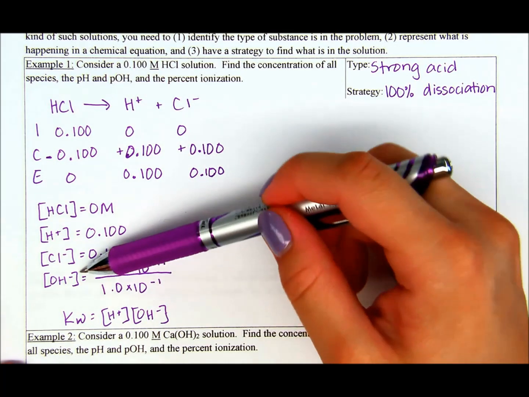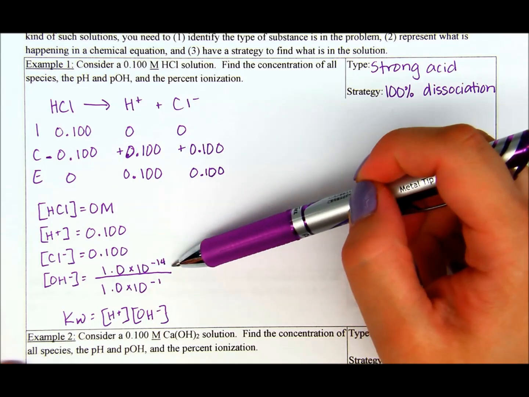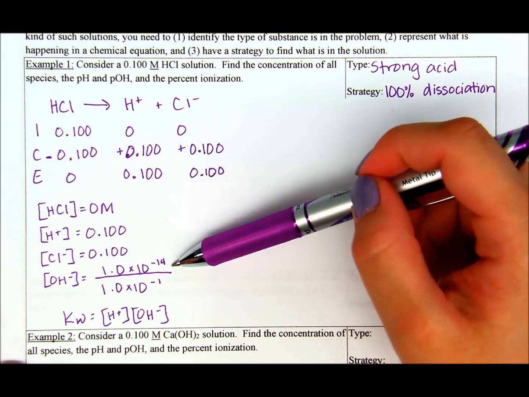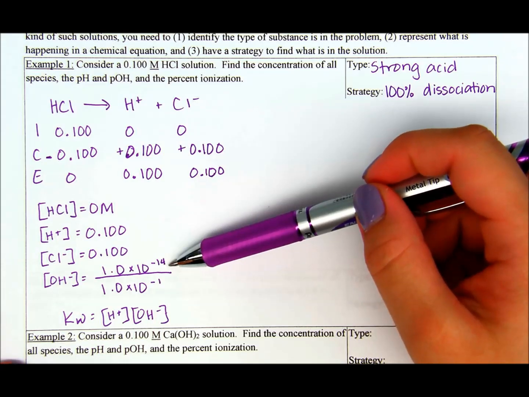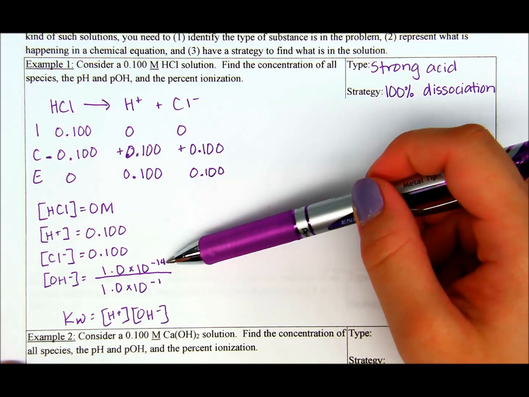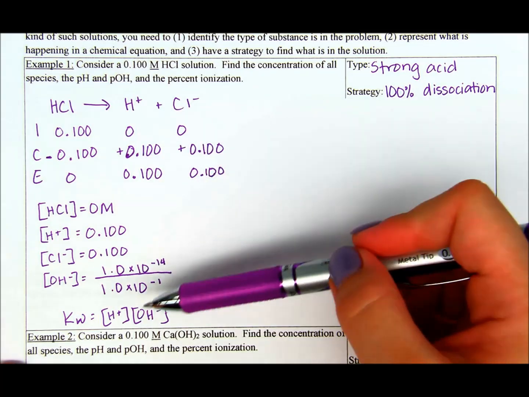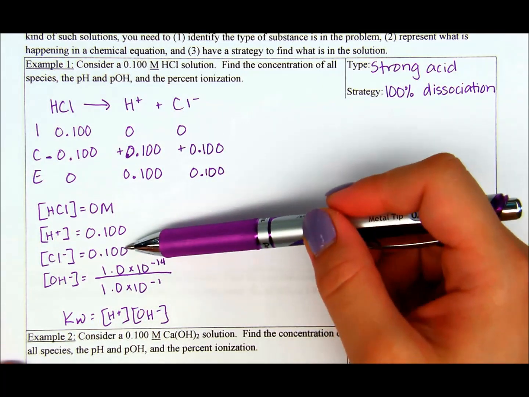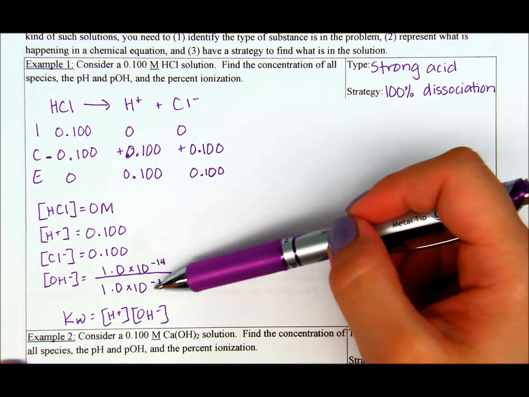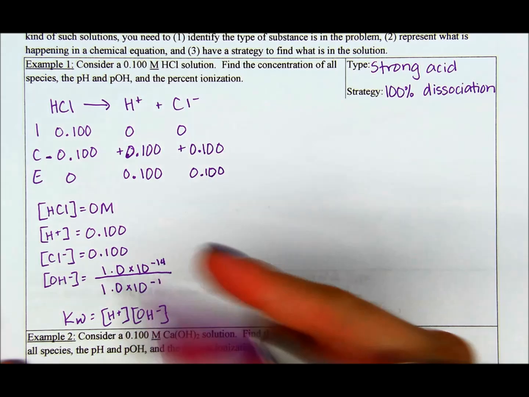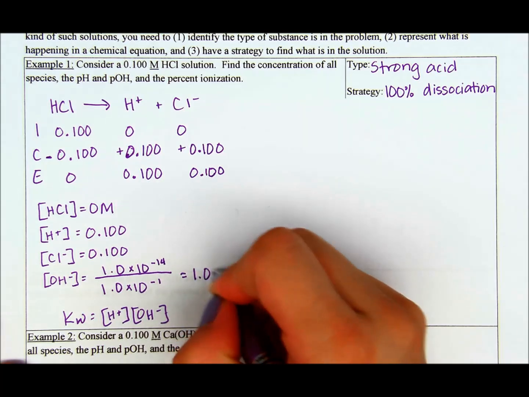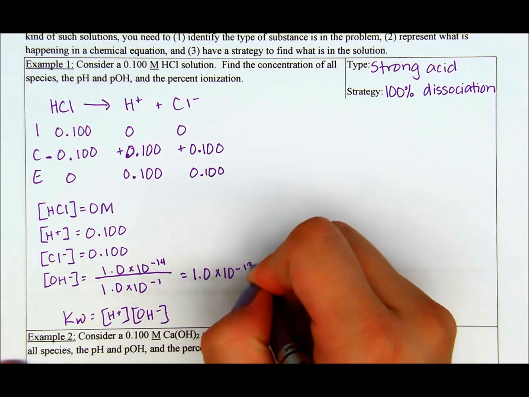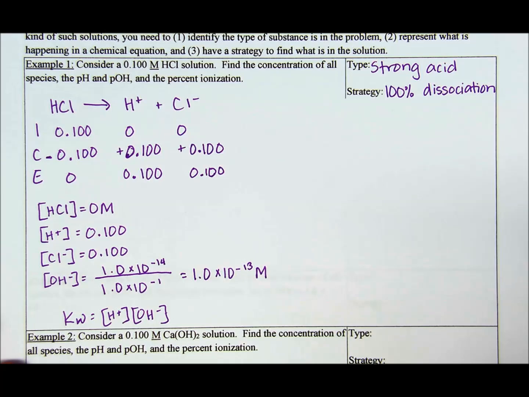So your hydroxide ion concentration is equal to the Kw. Remember, we're always assuming we're at 25 degrees Celsius unless told otherwise, so Kw is always 1.0 times 10 to the negative 14. And our concentration of hydrogen ions is 1.0 times 10 to the negative 1, same thing as 0.1, just in scientific notation. So that's how we can find our concentration of hydroxide, 1.0 times 10 to the negative 13 molar.